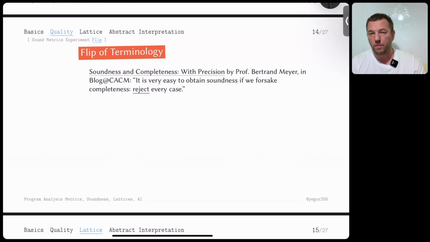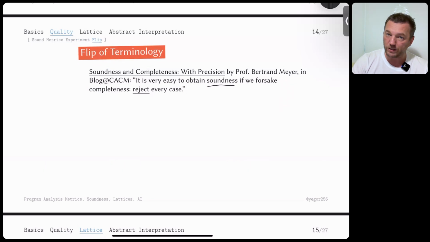What's the difference between soundness and completeness? I quote from there. He says, it's very easy to obtain soundness if we forsake completeness, so if we ignore completeness. So in order to make our analyzer sound, according to his words, we reject every case.